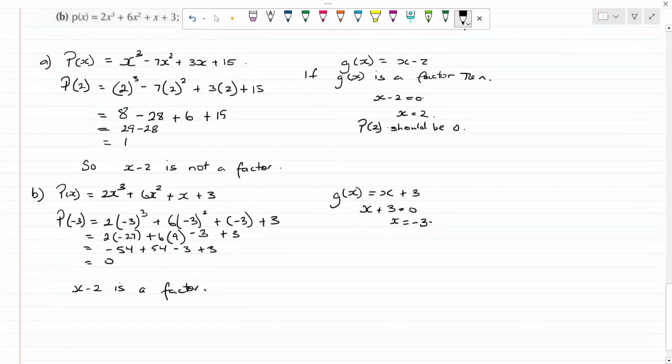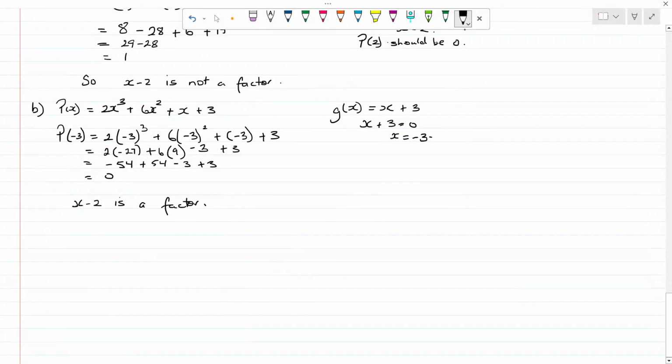Now, since x minus 2 is a factor, that can't possibly be the only factor, right? You have to check.